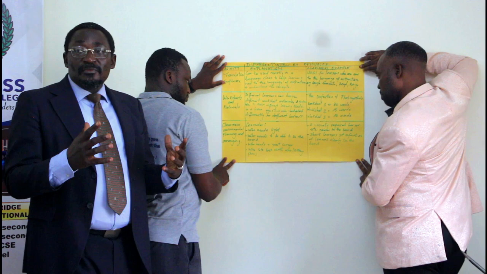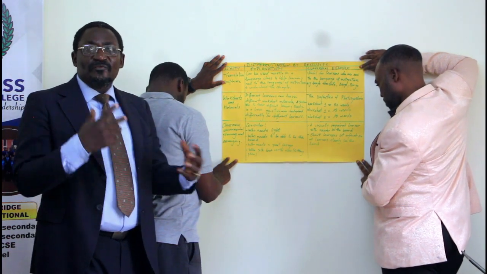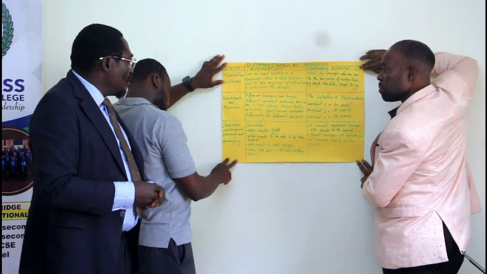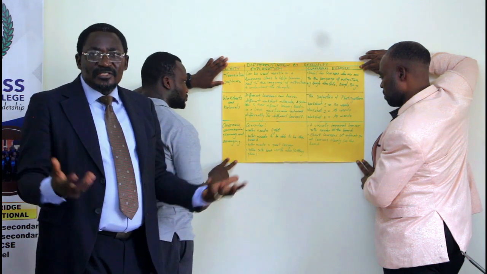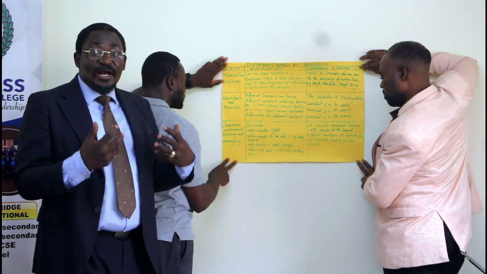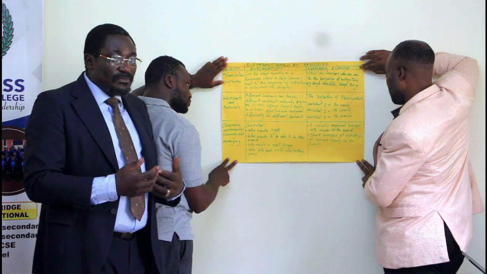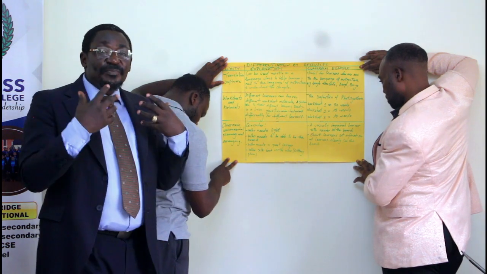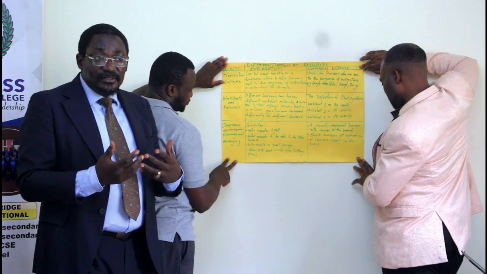Now, classroom environment planning and arrangement. It's very important, because this is something we've been talking about in most of our workshops, where we say that in a classroom you will know your students. There are some who are having challenges, who are having learning difficulties. There are some people who are visually impaired.